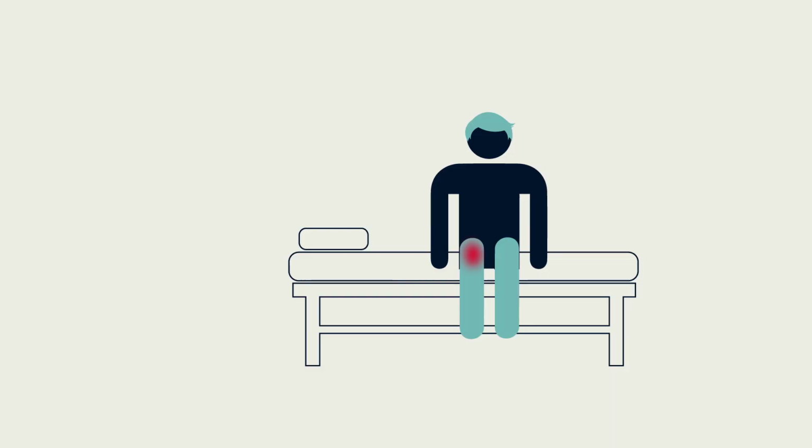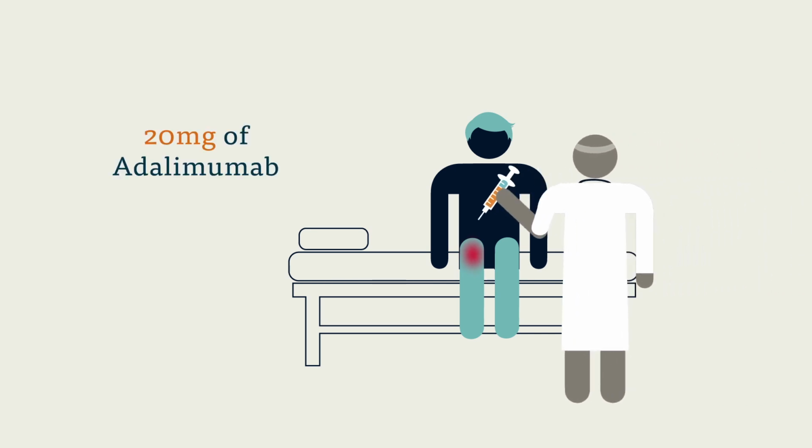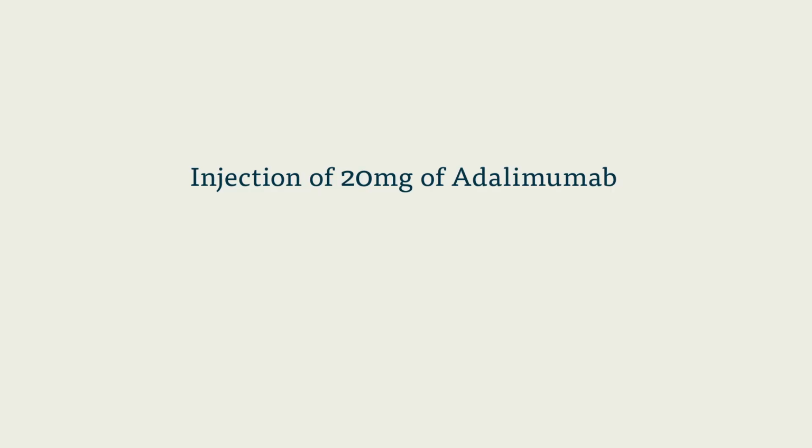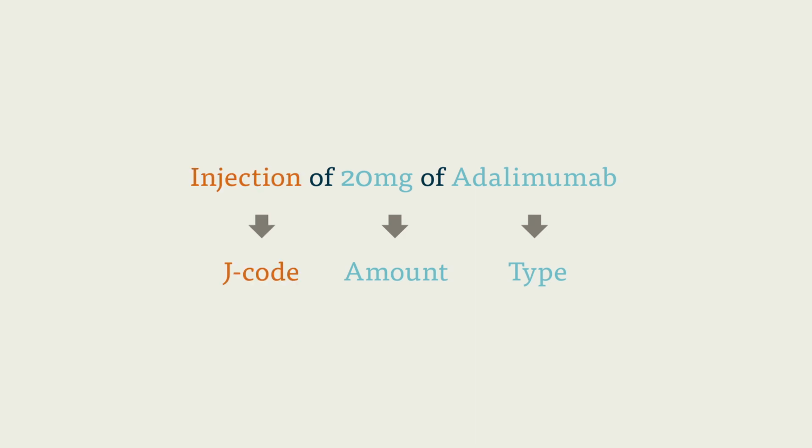Here's an example. A patient receives an injection of 20 milligrams of adalimumab to temporarily relieve the signs of rheumatoid arthritis. If you received this medical report, leaving aside the CPT procedure code and the ICD diagnosis code, you'd look at the amount of medication and the type of medication. You'd also know from going over the HCPCS Level 2 format that you're looking at a J code, a drug administered any way except orally.